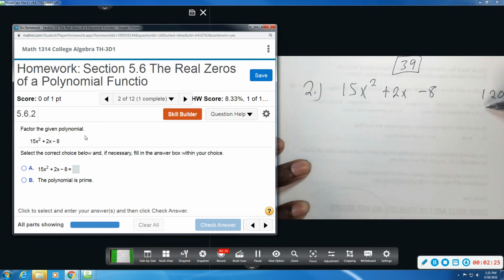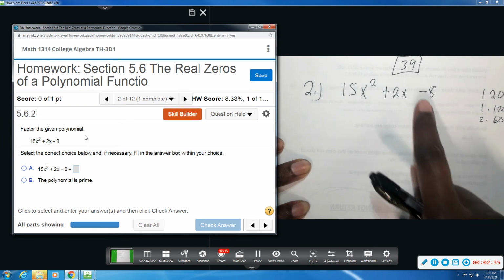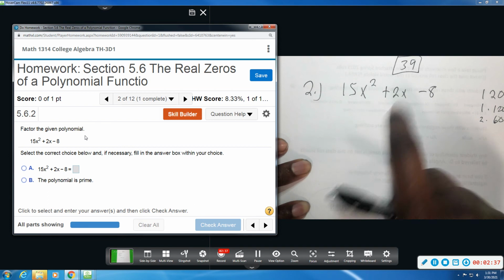Okay, so we can list all of them, 1 and 120, 2 and 60, and we can keep going down the list, but when we subtract them, we need a difference of 2.